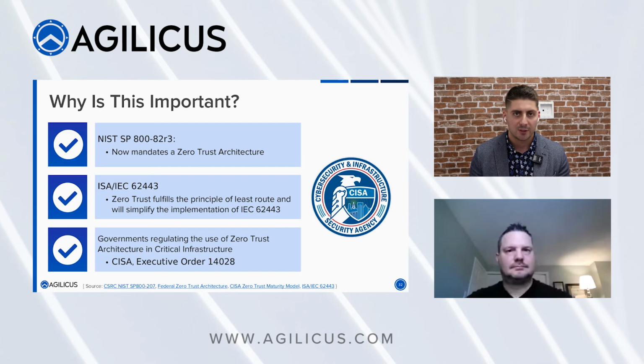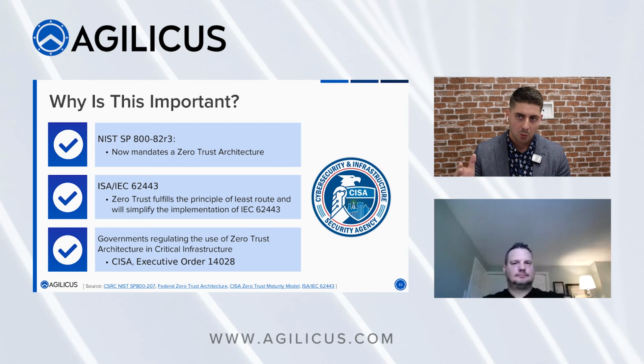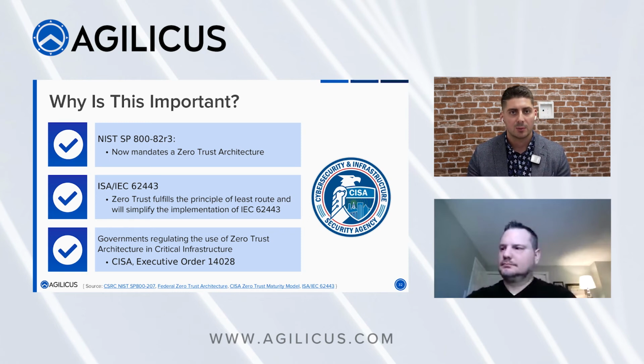Zero trust helps fulfill what the requirements are, this least privilege, least route methodology. That is what Nick demonstrated. He only has access to the generator. He cannot go laterally anywhere else. And of course, we have a full audit of that. So when Nick logged in, began his session, logged out, everything he did in between, we've recorded all of that in the form of a log that can be sent off to a SIEM.